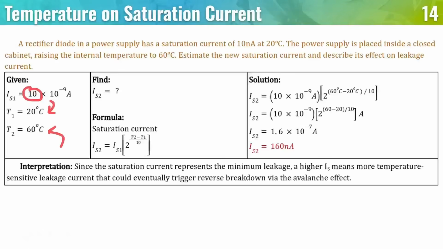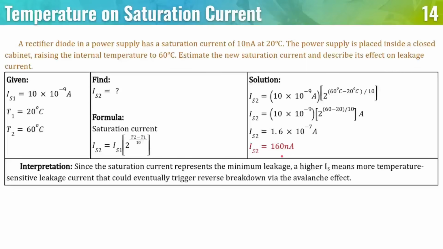However, if you heat up the rectifier diode too much, you can see that the leakage will increase as the saturation current increases. If this becomes too high, for example if it reaches 120 degrees Celsius, it could cause permanent damage to the rectifier diode.